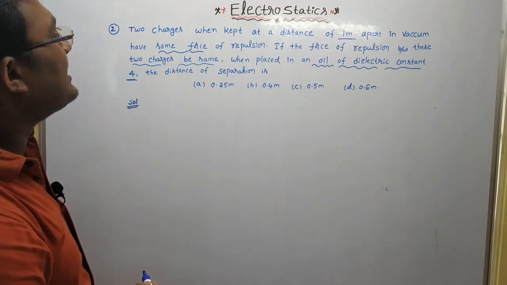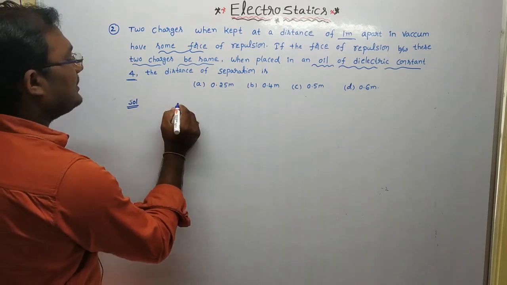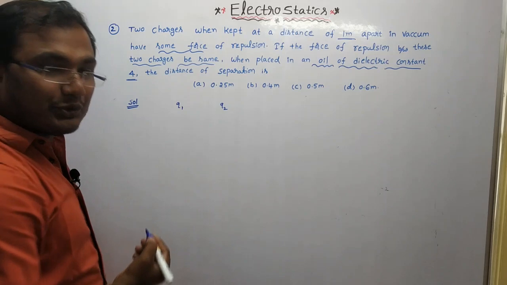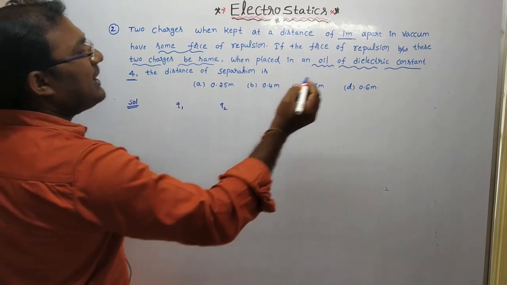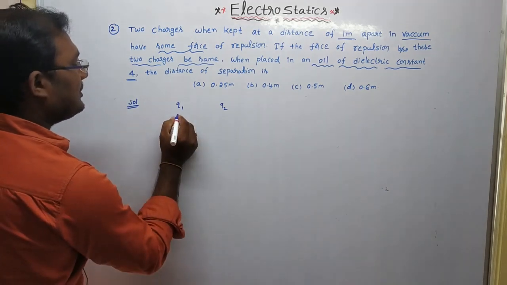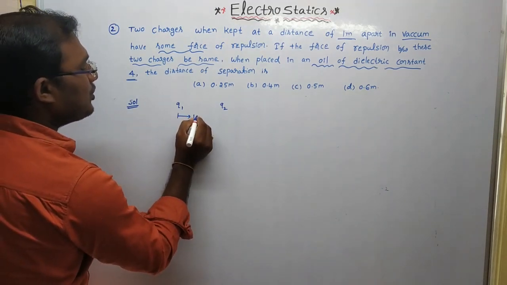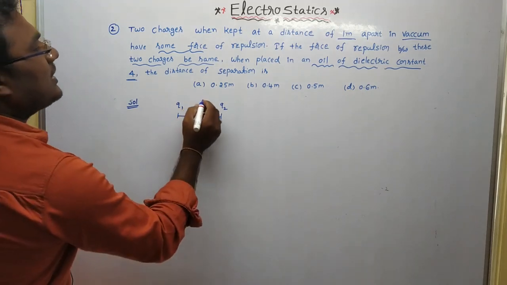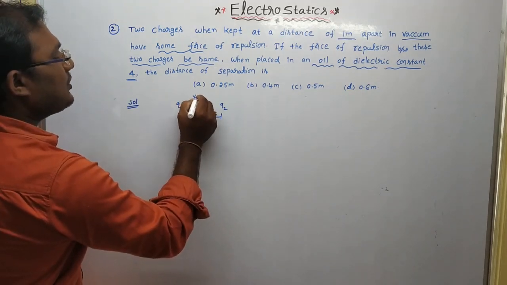Here the problem is, let Q1 and Q2 be the two charges which are placed in a vacuum initially at a distance of 1 meter.